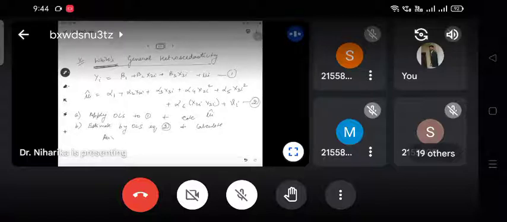And calculate the auxiliary regression R A square.